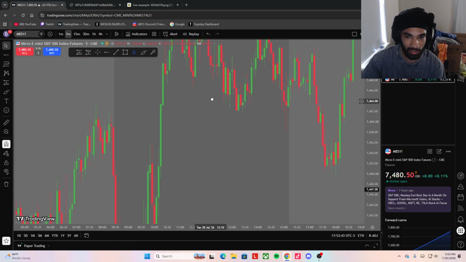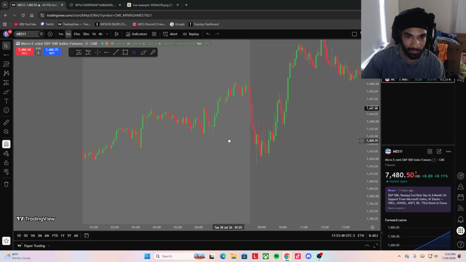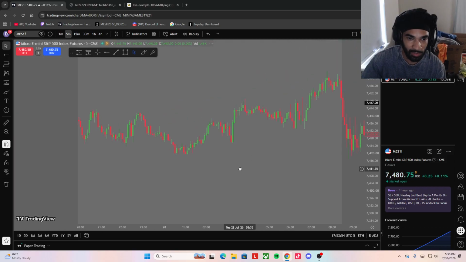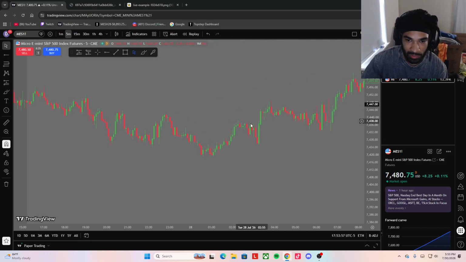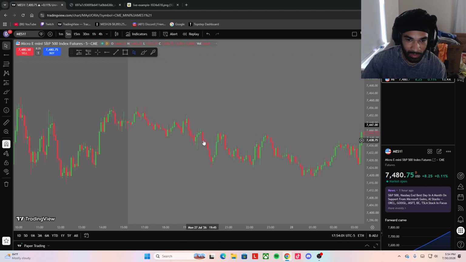So it's very easy to spot, right? We got a green here, boom, broke through, breaking structure, boom, back up to the upside. Little tiny V-shaped pattern, V-shape, V-shape.